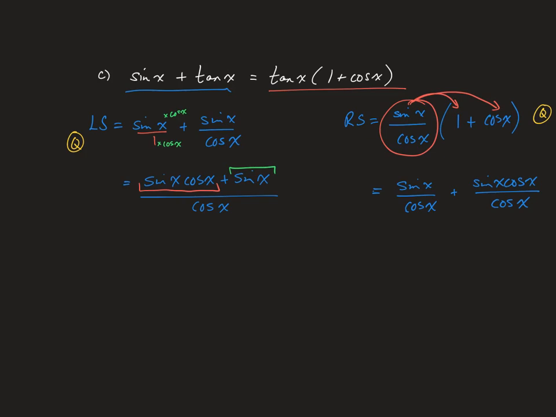Now, I'm hoping that a really good instinct for us would be to divide out those cos x's. However, we don't want that, because look back at the left side. We actually want a common denominator of cos x, because now that I'm adding 2 fractions together, they both have a denominator of cos x.